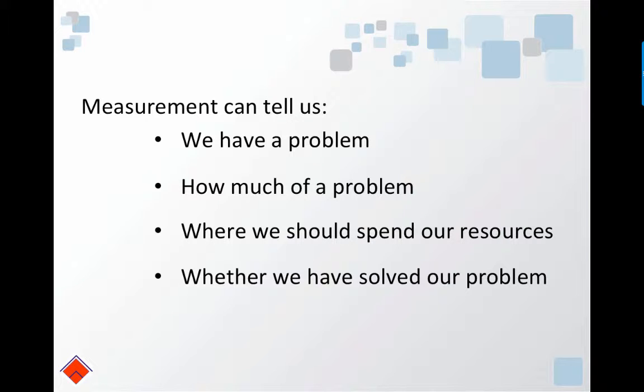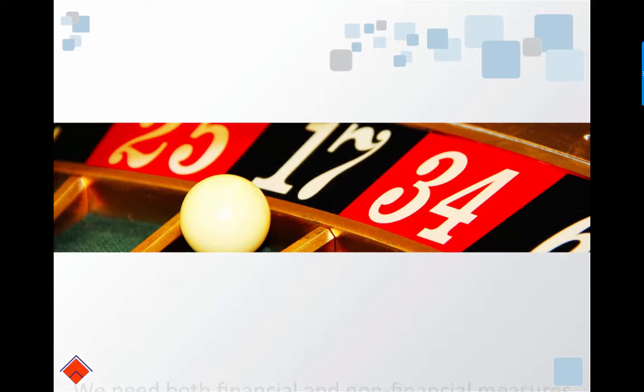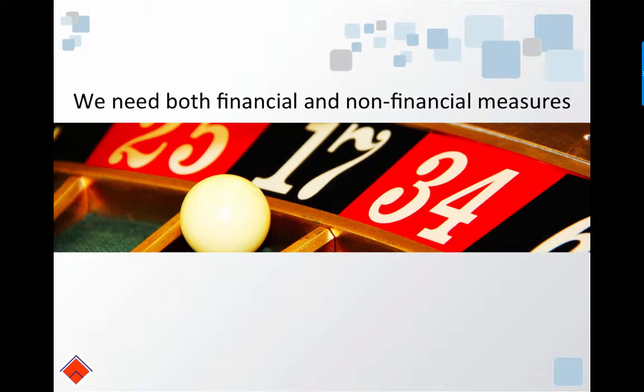In most businesses, there are various kinds of measures, both financial and non-financial, and to have a balanced view of performance, we do need both. Financial measures are often quite historic. They tell us how well we did last year or last month. Sometimes production figures are better at telling us how well we are doing now.